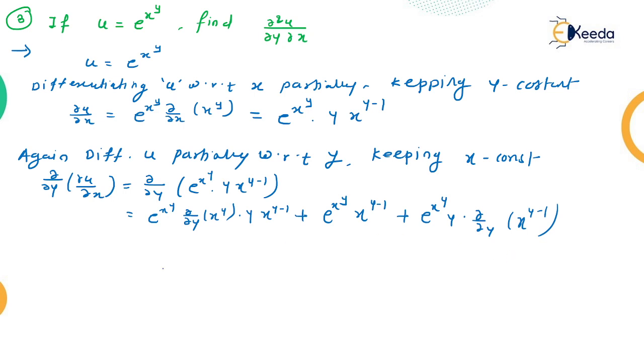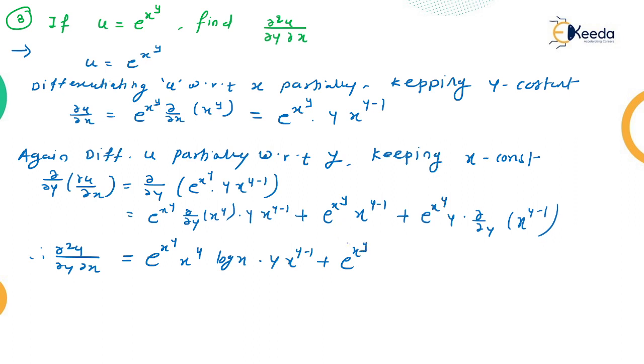Therefore ∂²u upon ∂y ∂x will equal e to the power x raised to y into x raised to y, that is log x, into y into x raised to y minus 1, plus e to the power x raised to y.